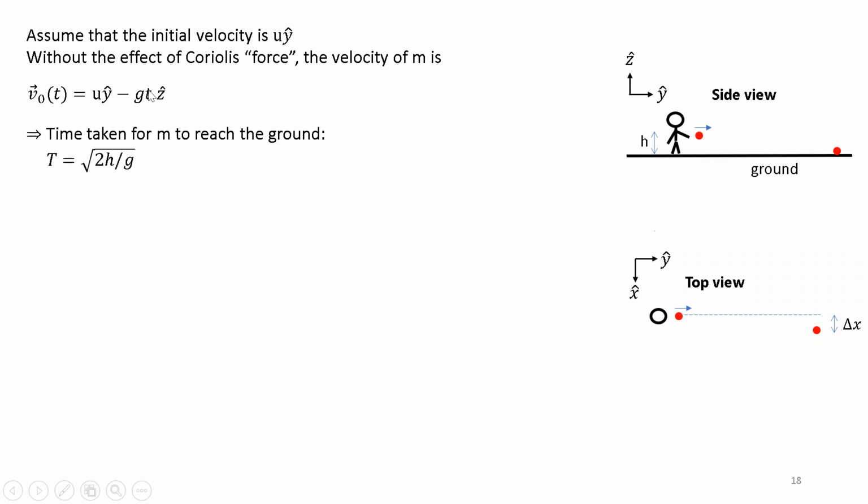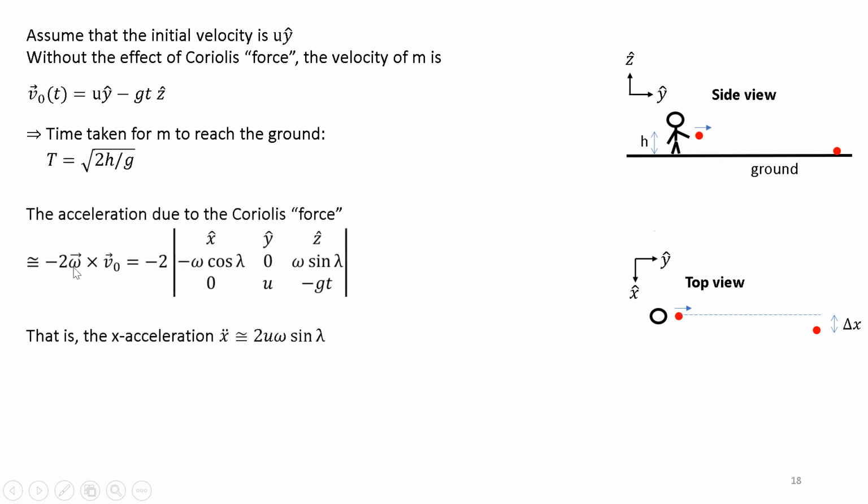Again, we start with the case where you pretend that there's no Coriolis force. How does the trajectory look? This time it looks like this. In the previous examples, you only had everything in the z direction. Now you have this new term in the y direction. You expect that because of this component, once you do the cross product with the omega term, you will get components in a new direction.